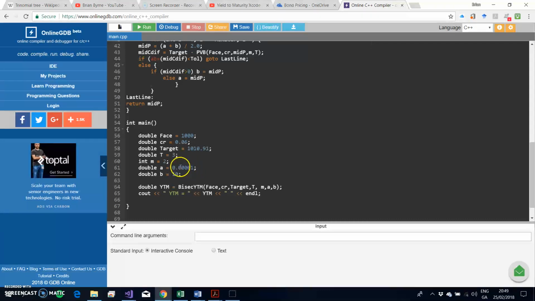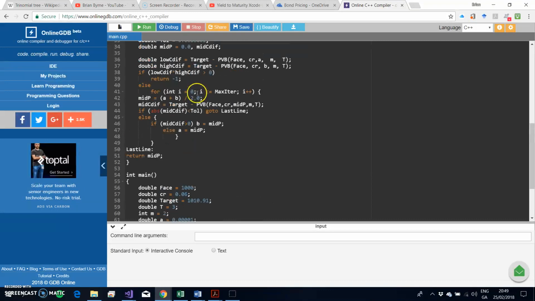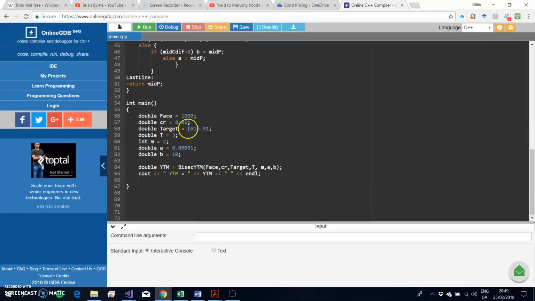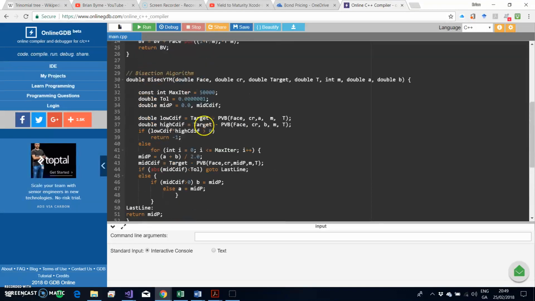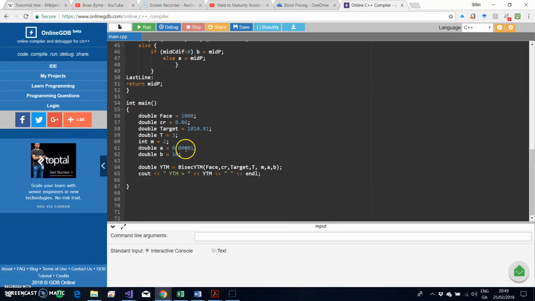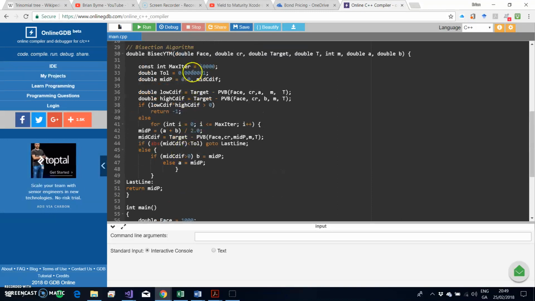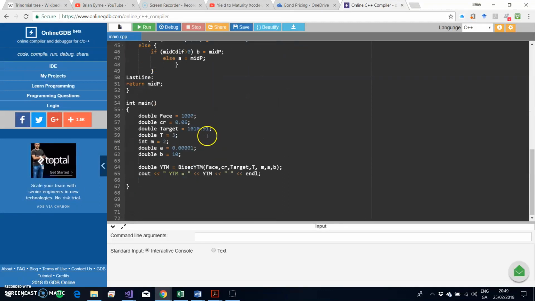But these are, if you like, initial seed values that we use to seed the bisection function, and then we triangulate, or we define a level of tolerance between which those two values eventually equate. And once we have reached this target level of difference, that might be a little bit small, we will reduce it. Then when we run this function, we can estimate the yield to maturity, or the internal rate of return on the bond.